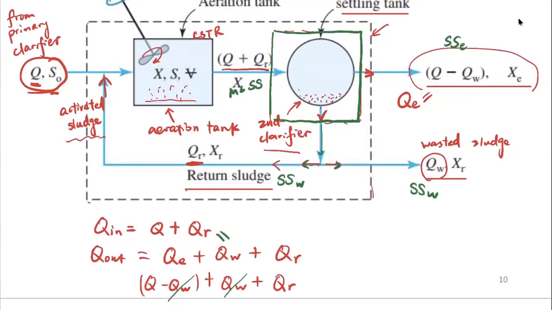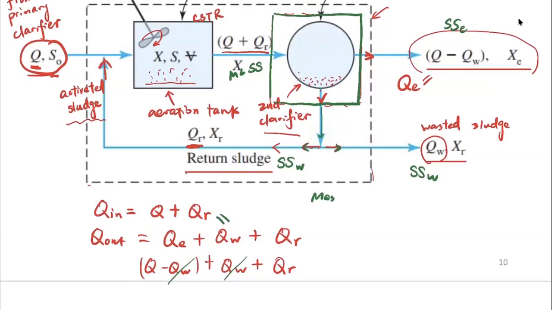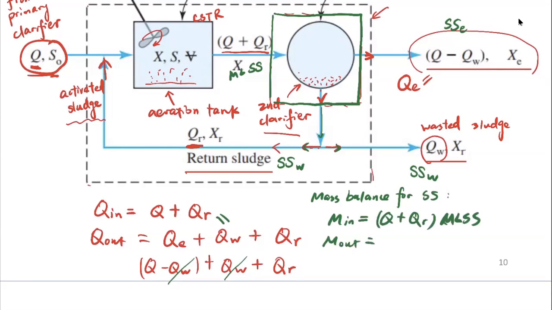So then we can set up a mass balance for the suspended solids. M in is equal to Q plus QR multiplied by MLSS. And then M out is going to be Q minus QW multiplied by SSE, plus QR multiplied by SSW, plus QW multiplied by SSW.